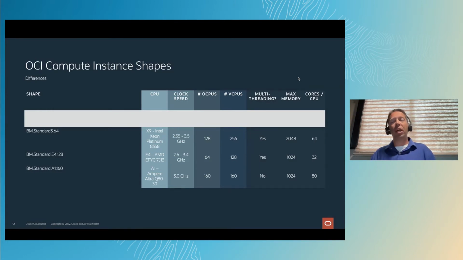We'll notice that multi-threading is not supported on the A1 shapes, which is why the number of vCPUs is lower versus the AMD or the Intel offering. Now, from a memory footprint perspective, very solid, and the number of cores per CPU really tightly aggregated there. So again, some things to be aware of. Clearly, there are lots of others, but this is a quick high-level overview in terms of some of those things just off the get-go to be aware of.